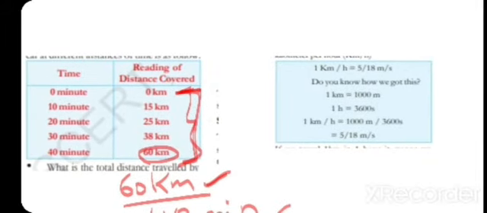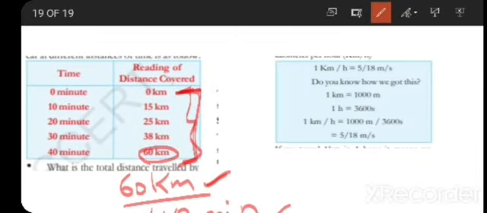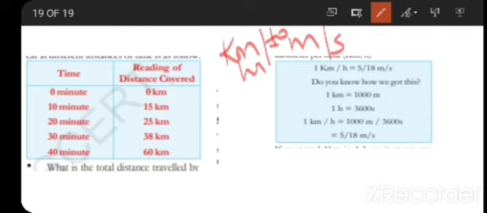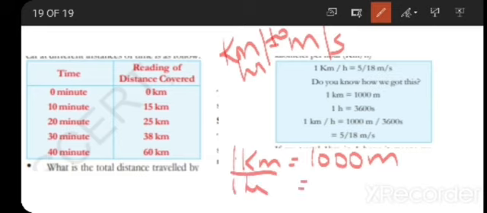If you want to convert kilometer per hour into meter per second, see how to convert. 1 kilometer is equal to 1000 meters. 1 hour is equal to 3600 seconds.